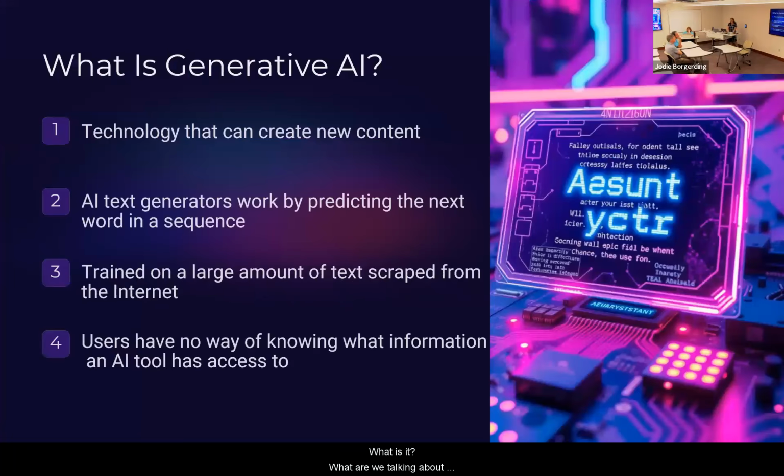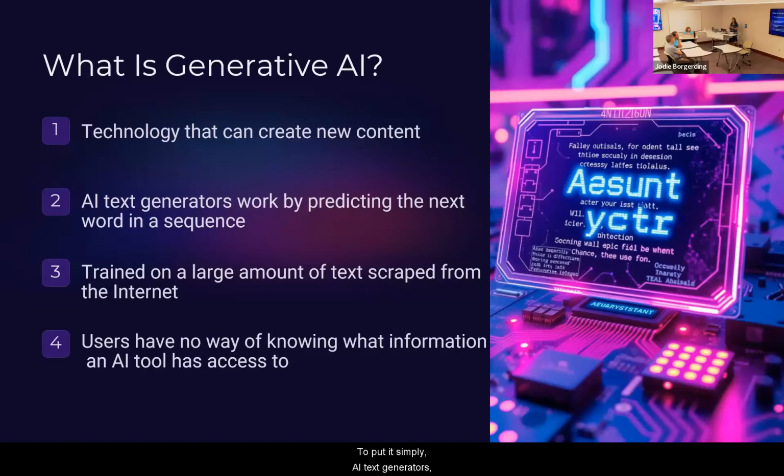So what is it? What are we talking about when we discuss generative AI or use the term GAI? It refers to technology that can create new content. This could be text, images, code, audio, video, really anything.